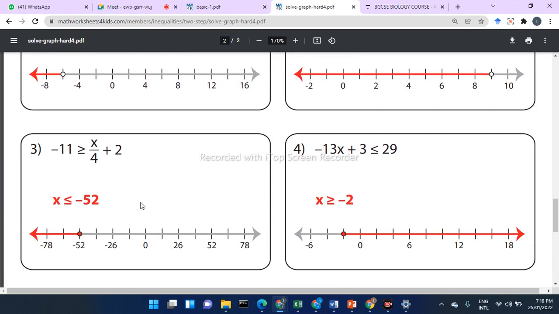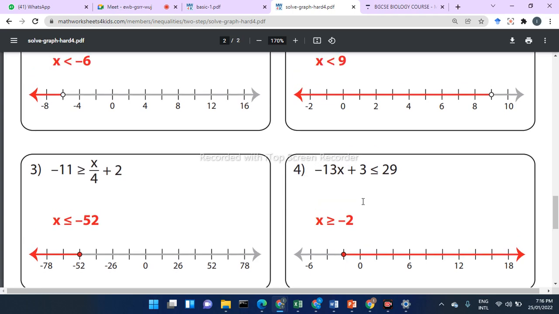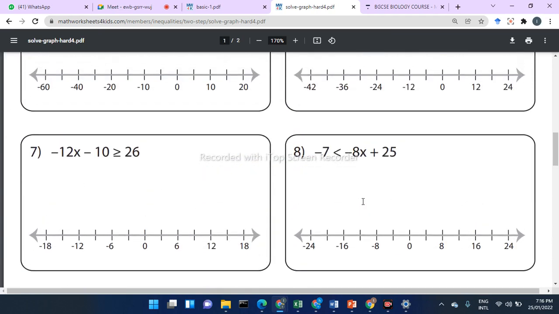So we did get this right? Negative x is less than negative 52. And number 4, x is greater than negative 2. Did we get those values? Yes, sir. Okay, good.